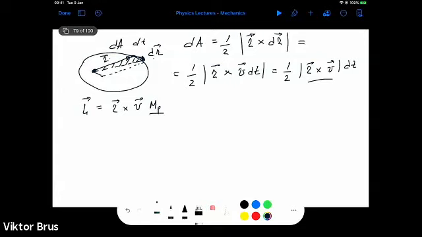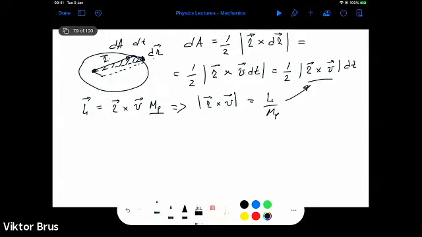So from here, we can write that the absolute value of this vector product, r times v, will be equal to L, angular momentum, divided by mp. Here we don't have a vector because we take the absolute value. And now we can substitute it here.